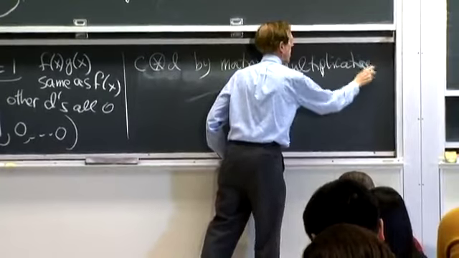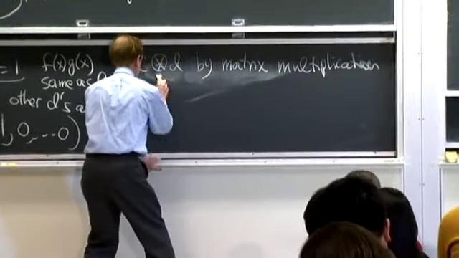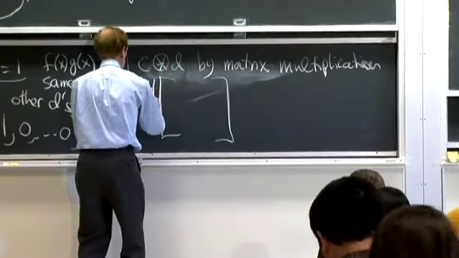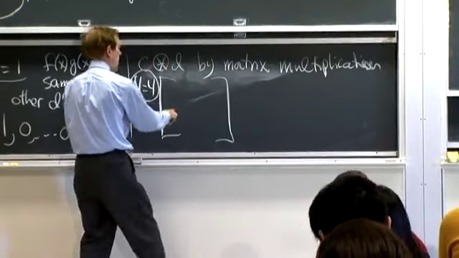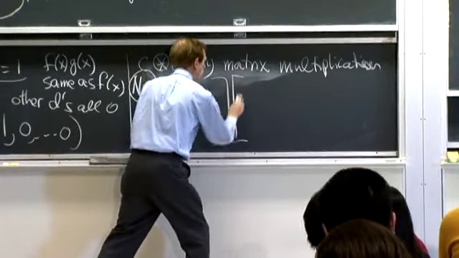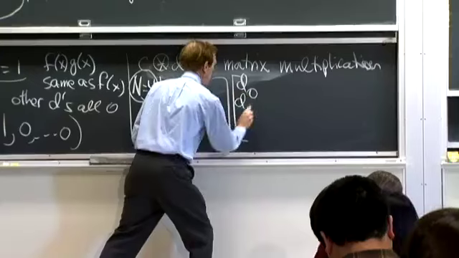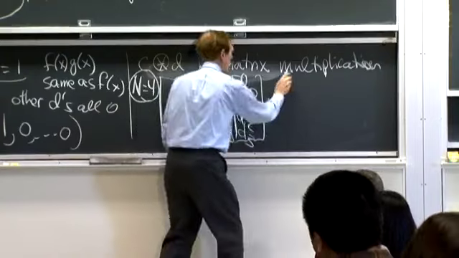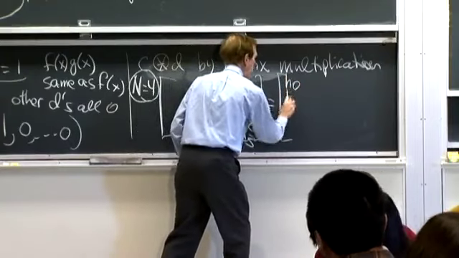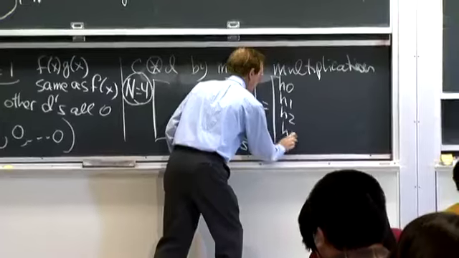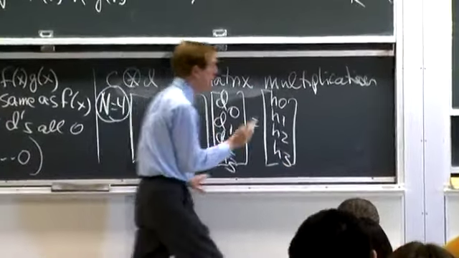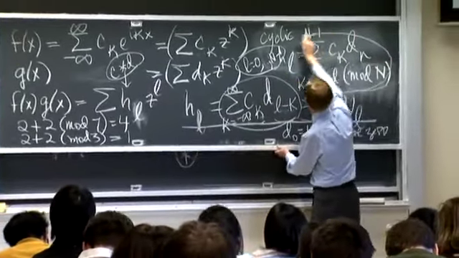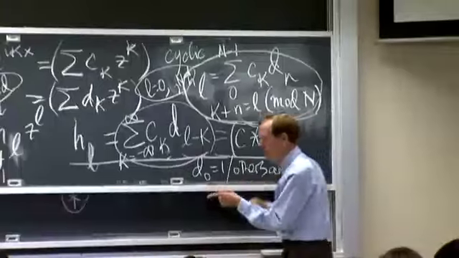So this is going to be some matrix. Let me take n to be 4. So I have 4 D's, and the output is the 4 H's, and the rule I'm following is the same old rule, but with the cyclic part.